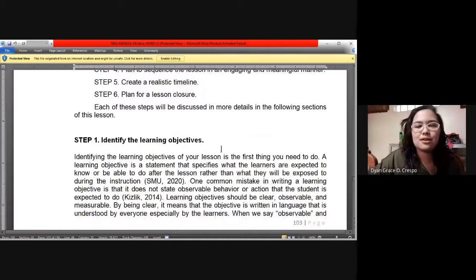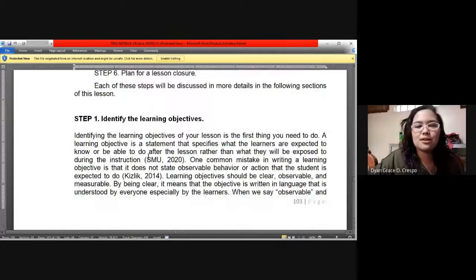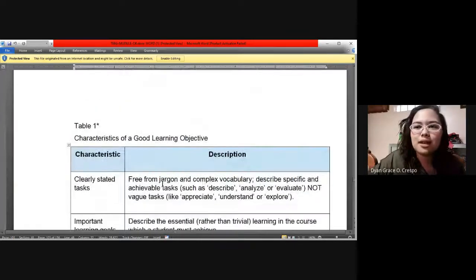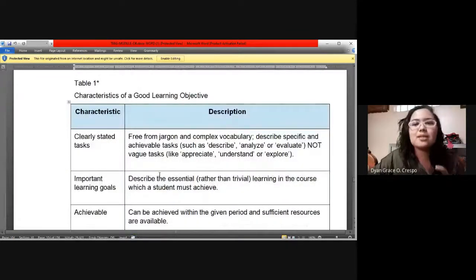Step 1, you need to identify objectives. Regarding objectives, they should be clearly stated tasks, free from jargon and complex vocabulary.